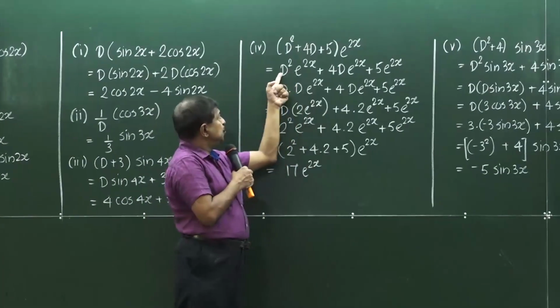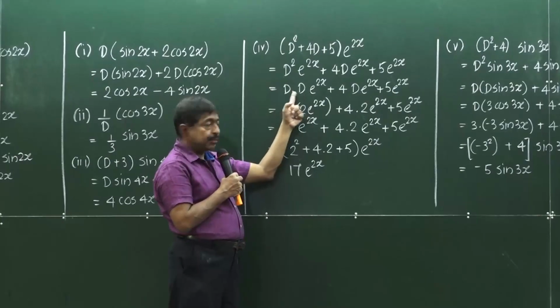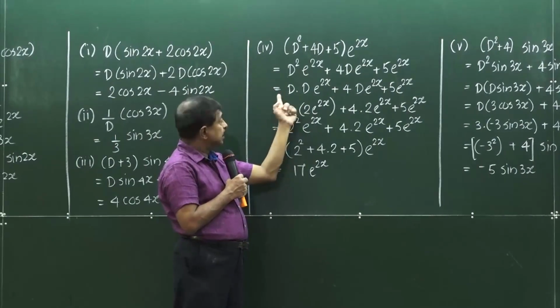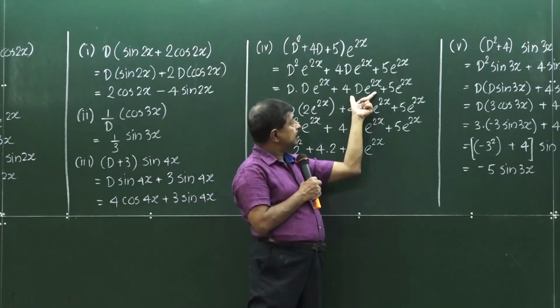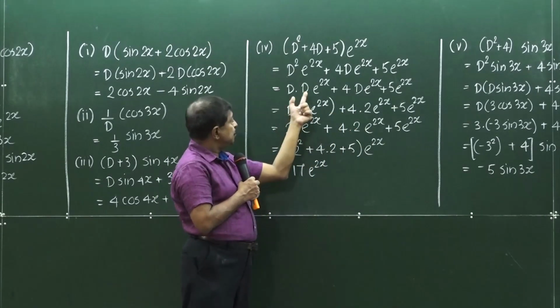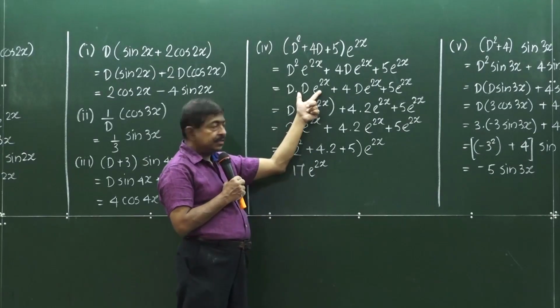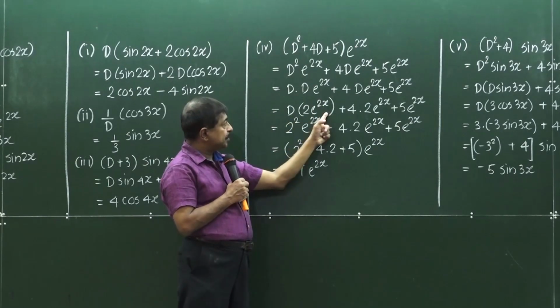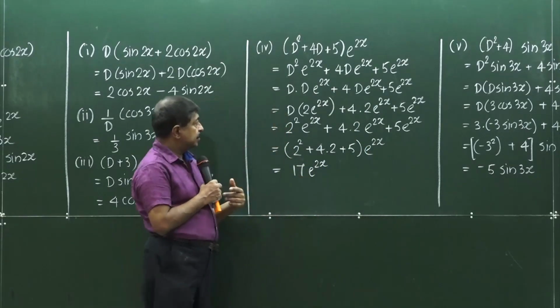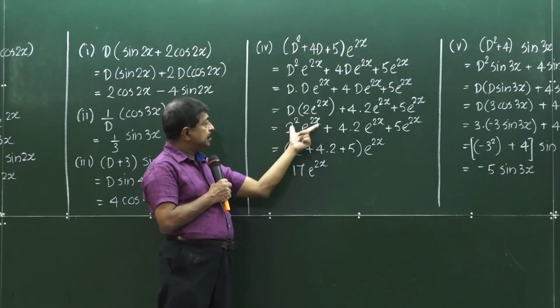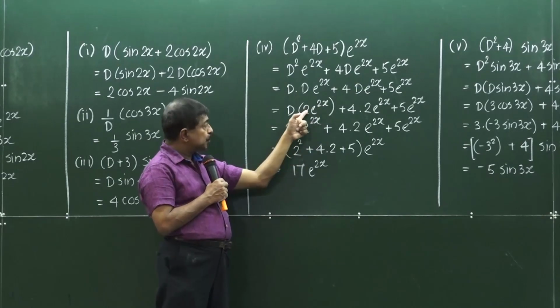So here you can break this into two parts. This means what? The second derivative, the derivative of the derivative. So break this into two parts and consider this one. Here you know what it is. Derivative. So when you differentiate this, you get 2 times e to the power 2x. Here you get the same thing. Now if you go one step further, you have to differentiate this again. So you get another 2 in the front.